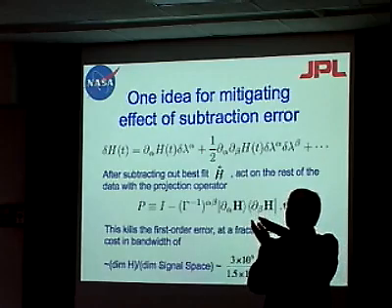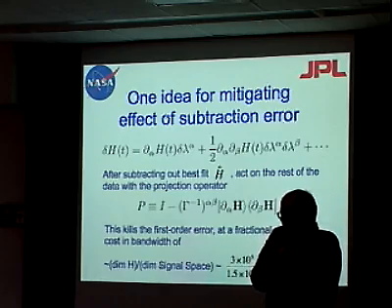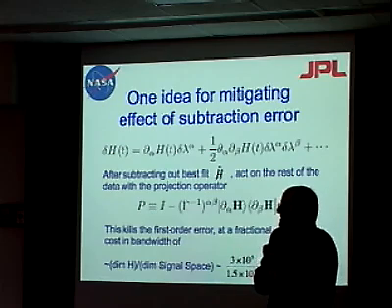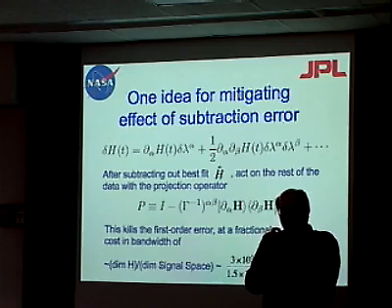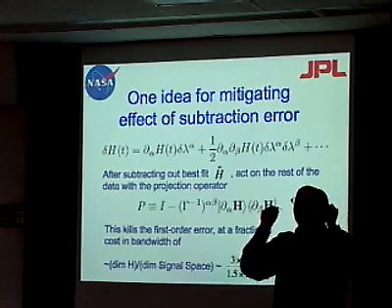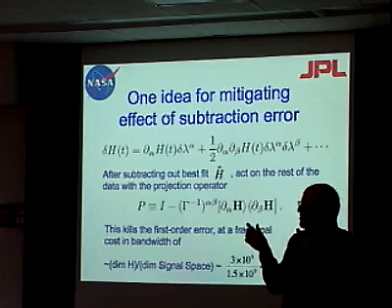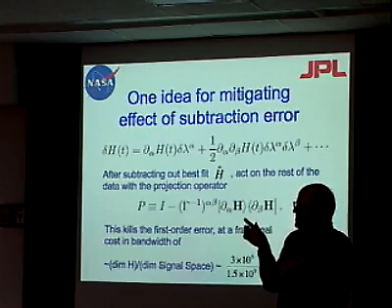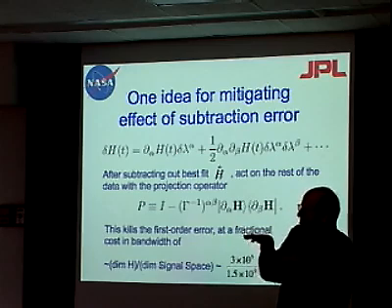And you just project out any data that lies tangent to the manifold of waveforms. That throws away all the errors you made, at least to first order in the errors. All the errors you made in subtracting them out lie tangent to that. I'm trying to use the fact that the errors aren't random. That's what I'm trying to say. The errors lie in a particular very small subspace tangent to the manifold of waveforms. So you isolate that subspace, and then you throw it away.